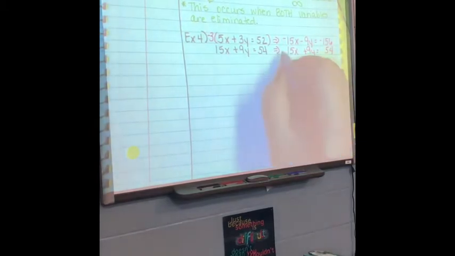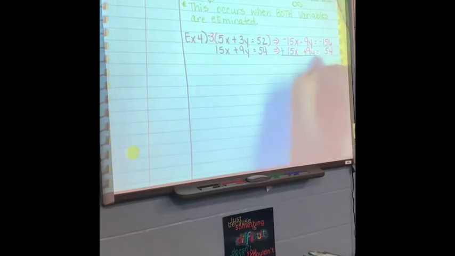So when I move to step 2 and I add these two together, 15x minus 15x is going to make what? 0. And 9y and negative 9y are going to make what? 0. So I end up with 0 on this side. And then I have negative 156 plus 54 is going to give me negative 102.